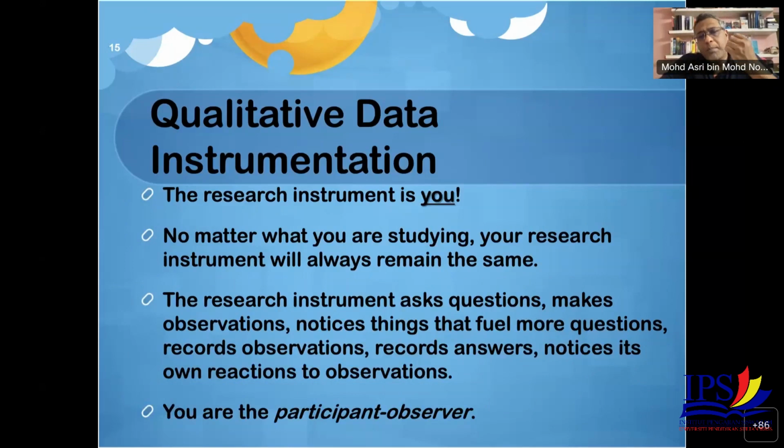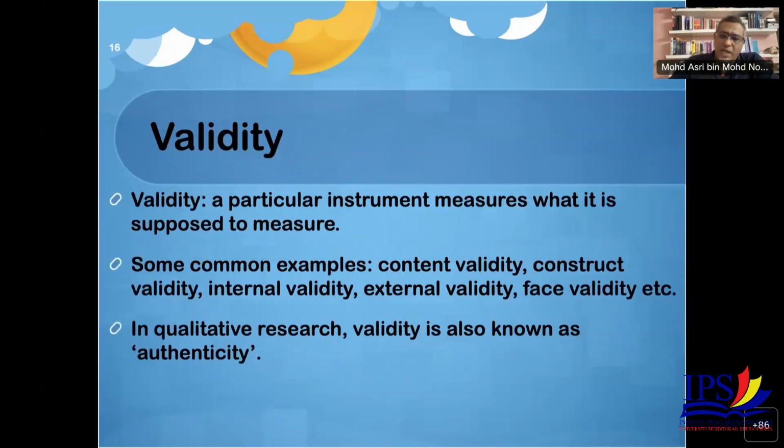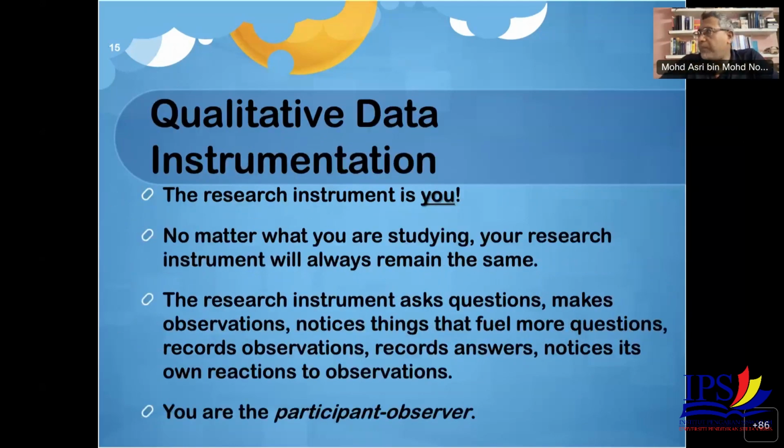But of course, you will need to use certain things to help you gather the information. So for example, you will have interview protocols, and you will have to use observation checklists.